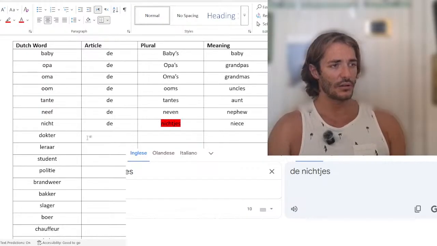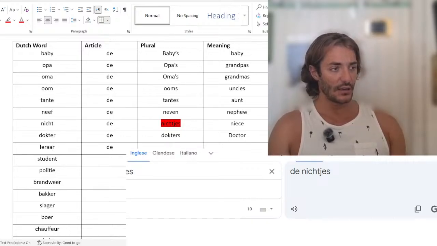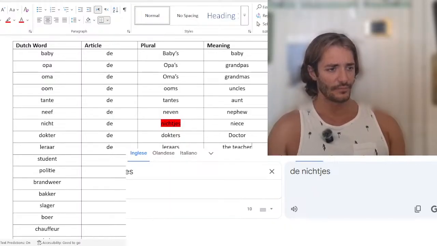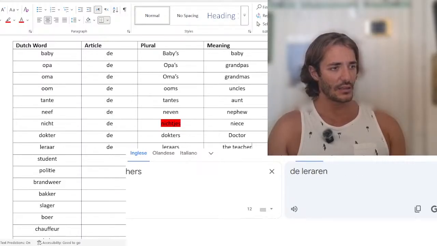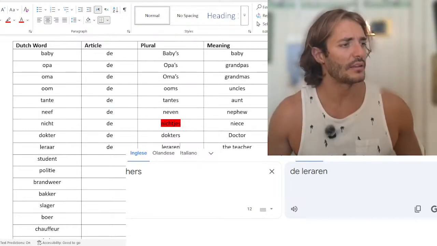Okay, doctor. The doctors. This is doctor. Lehrer. This is the teacher. The Lehrer. The Lehrers. Maybe. The teacher. Let's see. Lehrerin. This is another exception, probably. No, it's correct. Lehrerin, Lehrer, Lehrerin.